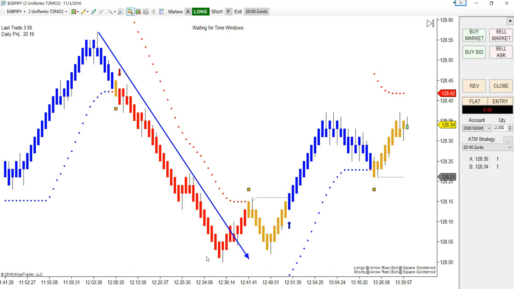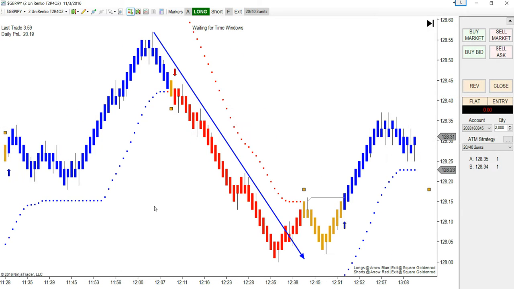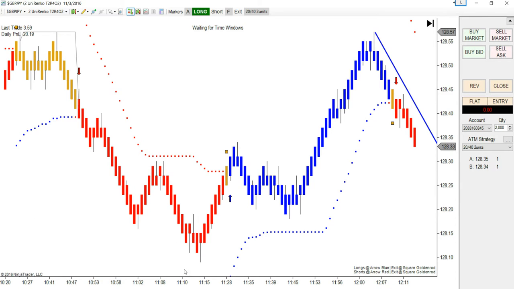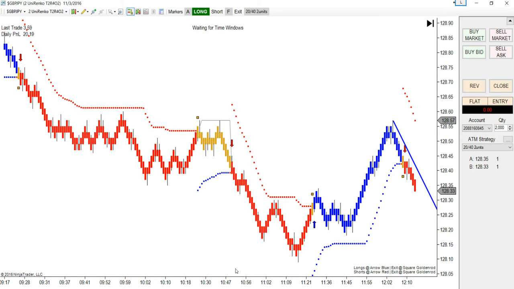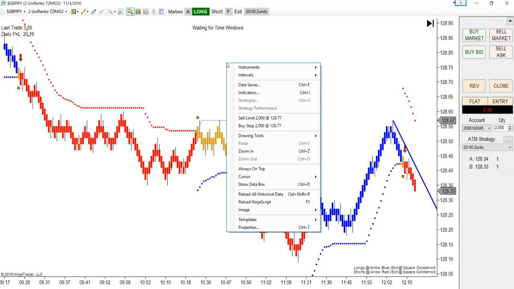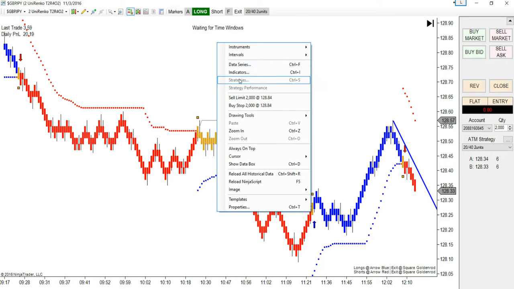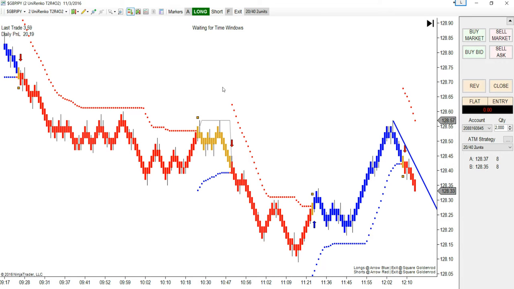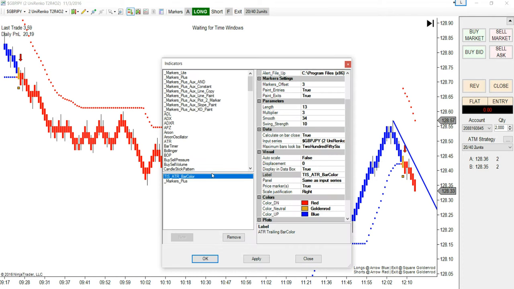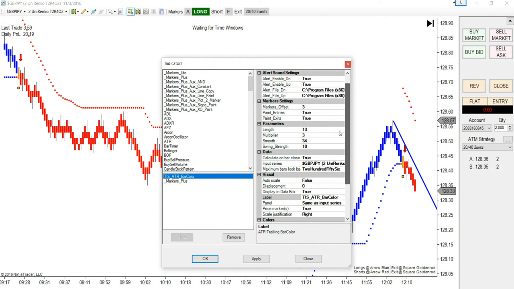A little tighter, but it's really that. See, I think this might affect this big long run here, even though it still took it again. Alright, so let's go back to the multiplier. I can mess that up. ATR bar color, and the multiplier is right here. Let's go with 1.3.